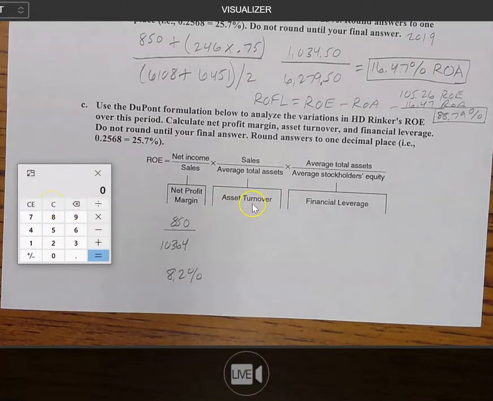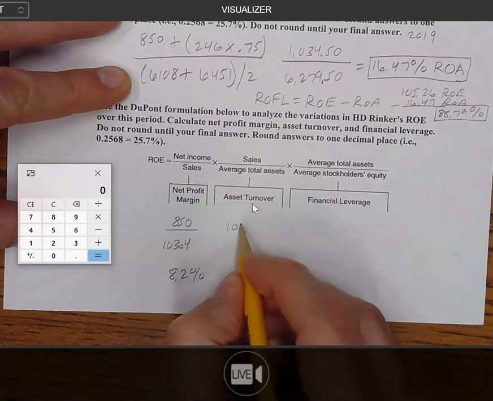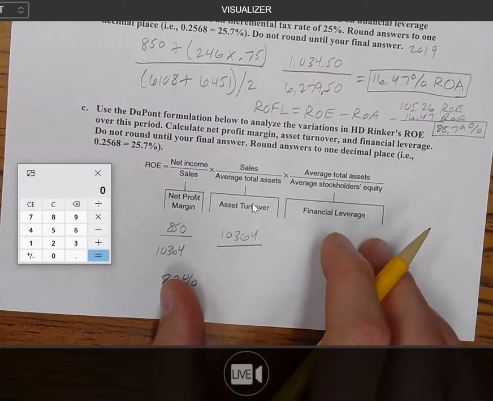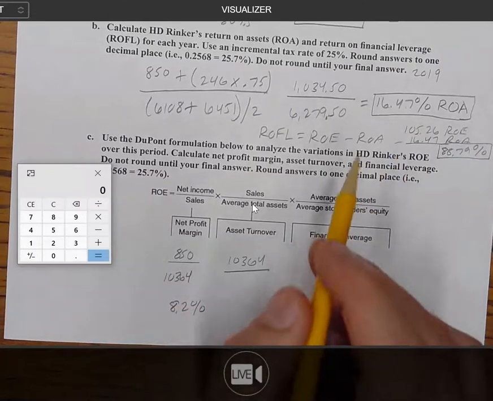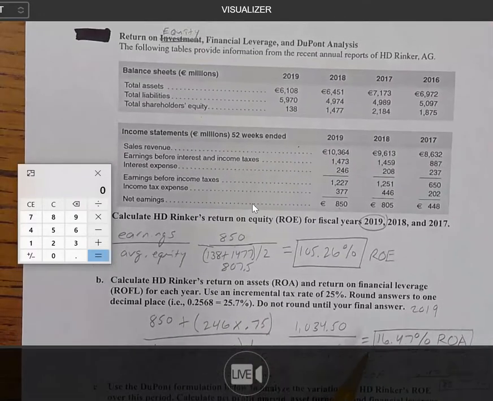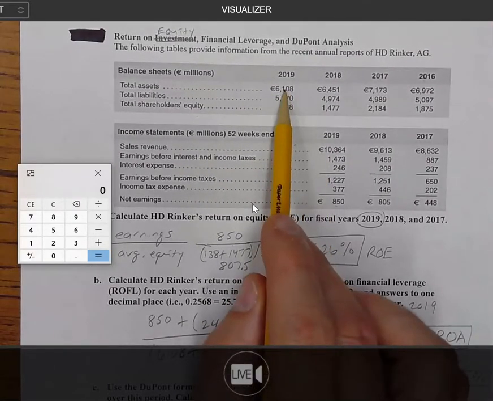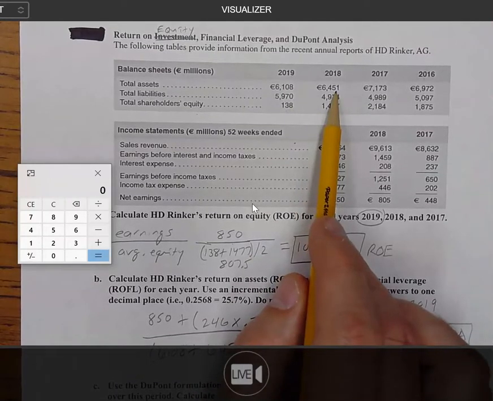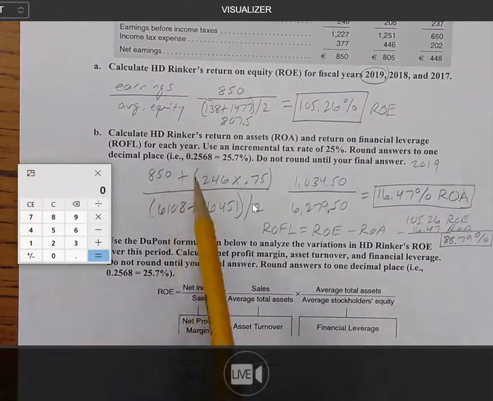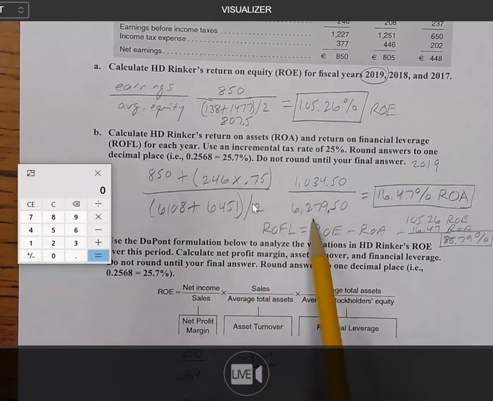All right. And then we're going to look at our asset turnover. And so we already have our sales of $10,364. Do we have average assets? We do. But I want to show you where we got them again. The average assets are right here, 6108 and 6451, because again, we're only looking at the year 2019. So we took those two figures, divided by 2, and we came up with average assets of $6279.50.